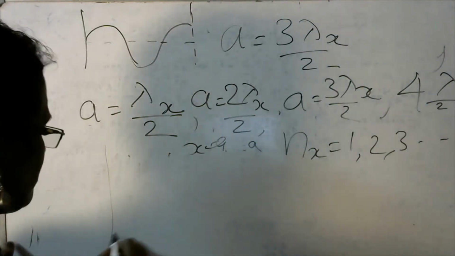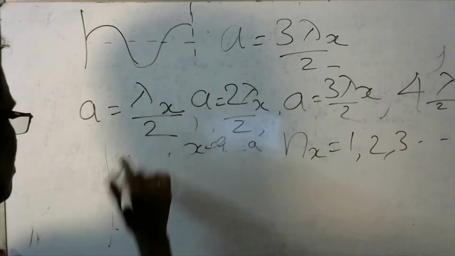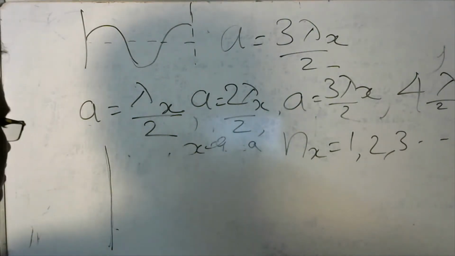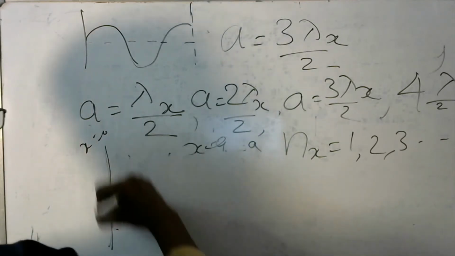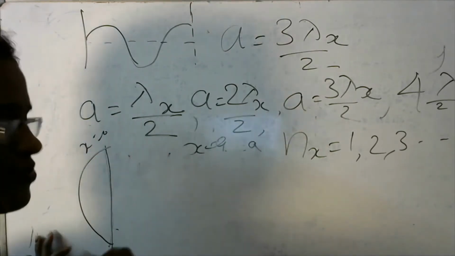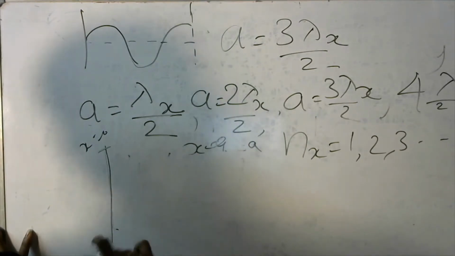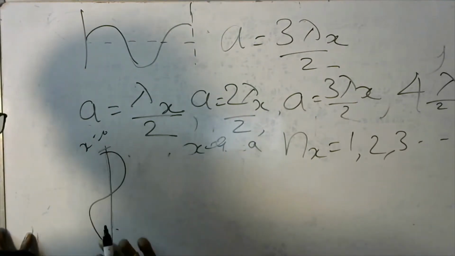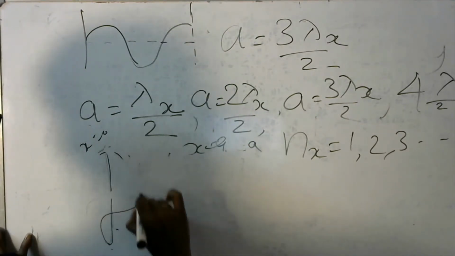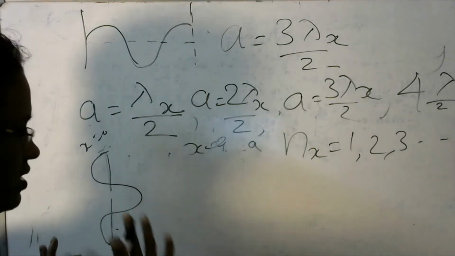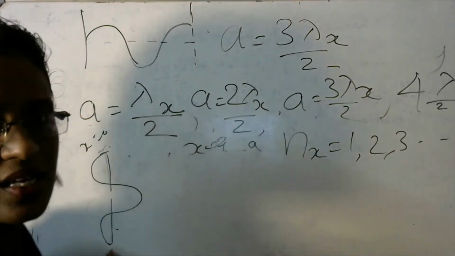Imagine that there are waves traveling along this way, from x is equal to 0 to x is equal to a. The wave can be like this, or like this. These are the waves traveling along the y direction.